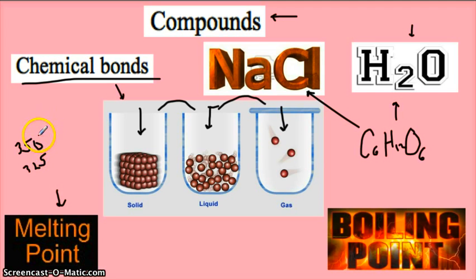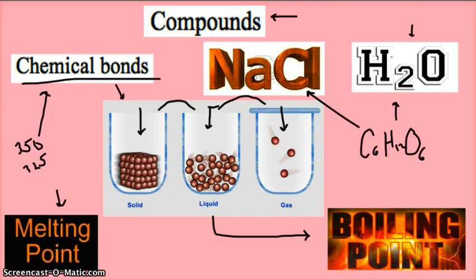So the one that has the stronger chemical bond is the compound that melts at 350 degrees. So that's going to be the determining factor. In liquid, it's going to be boiling point. The one that has the highest boiling point will be the one that has the stronger chemical bonds than the lower boiling point. So that kind of gives you a little bit of idea about chemical bonds between compounds.